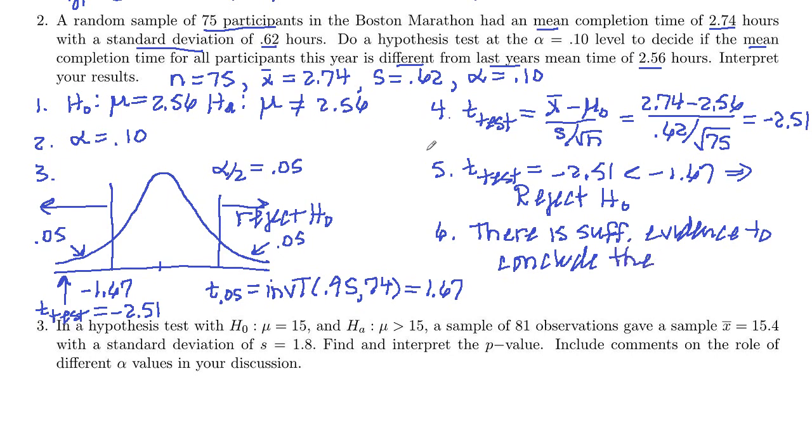To conclude mu is not equal to 2.56. So the mean time differs from last year, which is the 2.56.